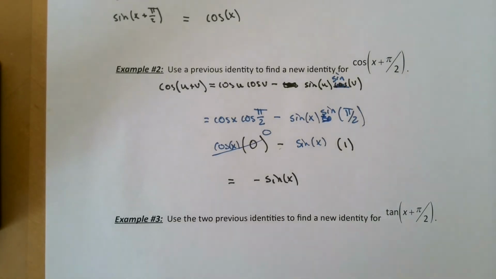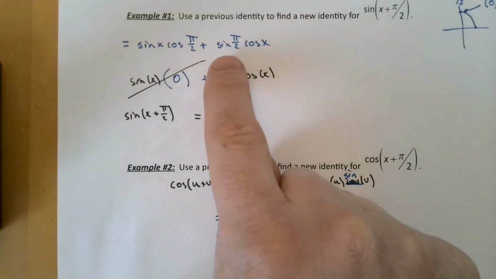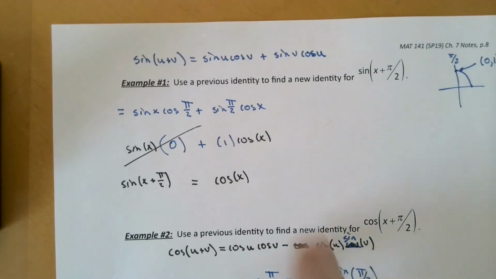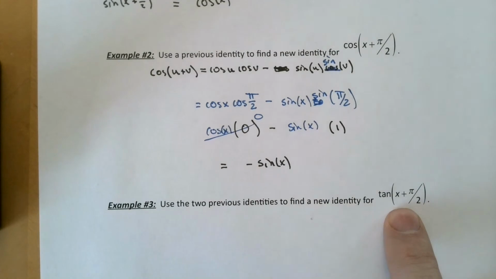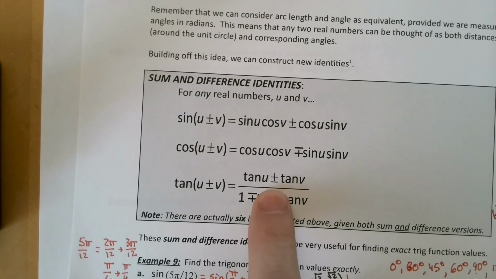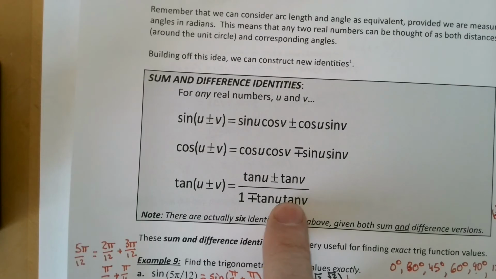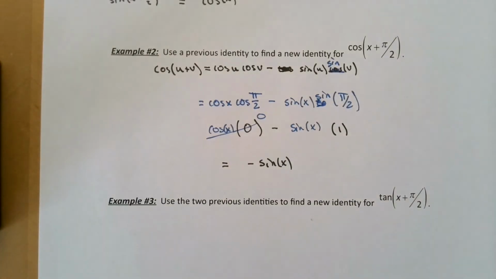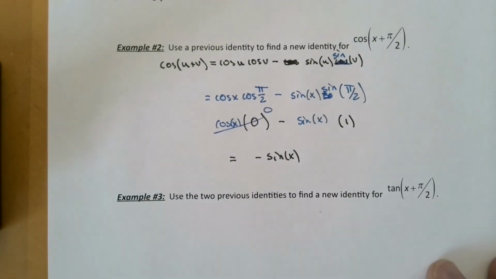All right, for this one, we're being told to use these previous two identities, so this one and this one, to rewrite tangent. There is a reason we're not saying use the sum or difference identity, and that's because tangent of pi halves is undefined, so we cannot use that identity.